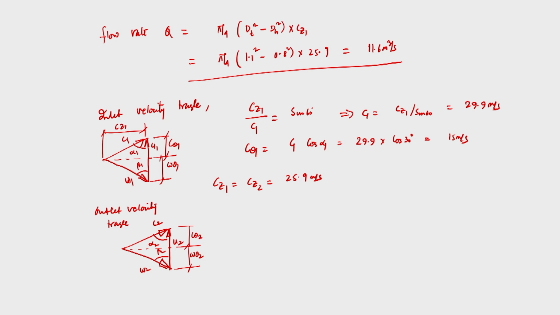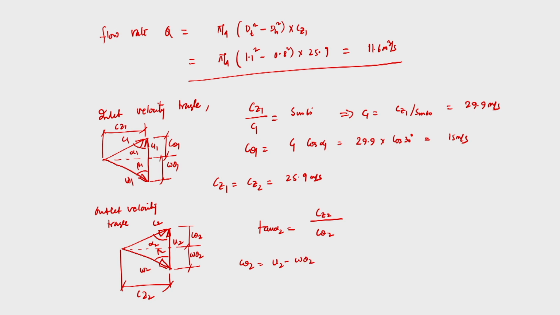So, from the outlet velocity triangle we can obtain that tan alpha 2 is equal to Cz2 divided by C theta 2, and C theta 2 will be equal to U2 minus W theta 2.